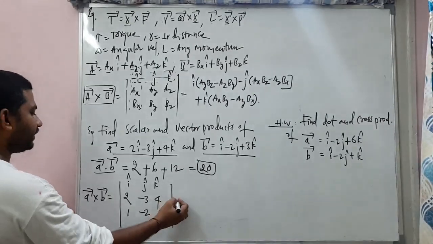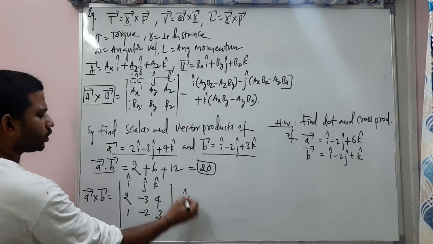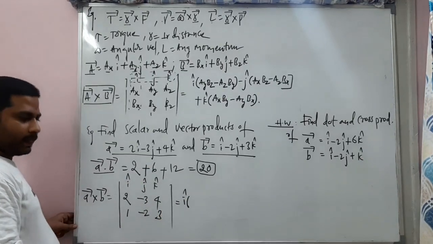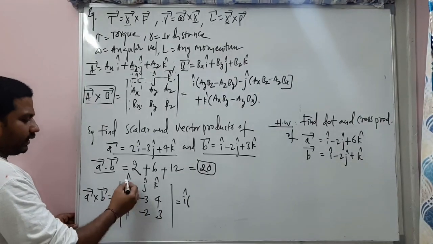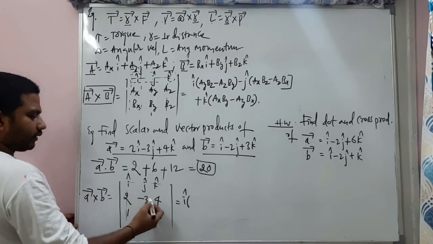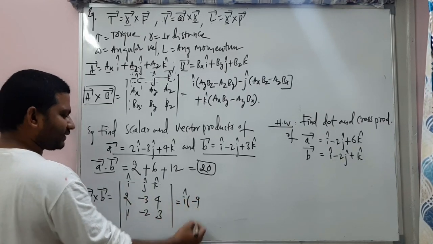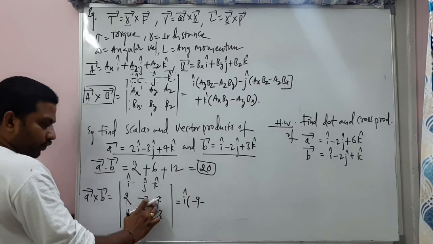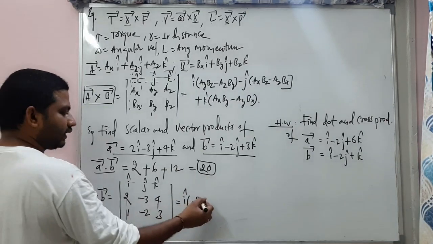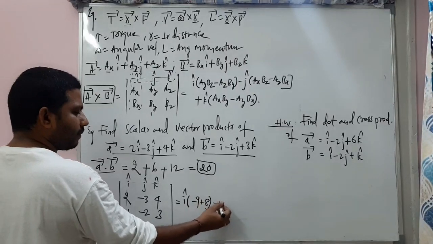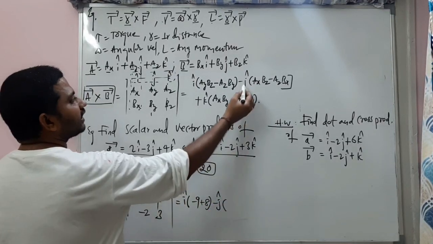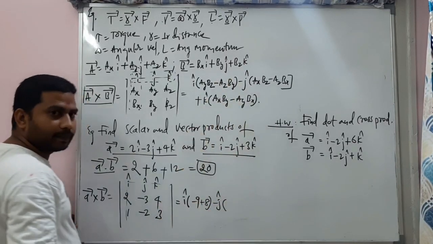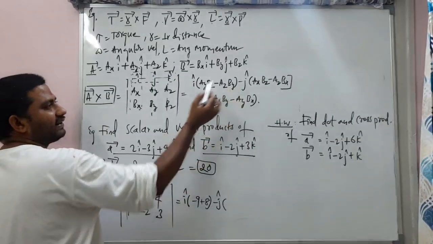Okay. And here for i cap, the vertical line and horizontal line are removed, and we have minus 3 into 3, it's minus 9, minus 4 into minus 2, it's minus of minus 8, so we keep plus 8. Then minus j cap. In the formula itself, minus is there, I told you clearly.